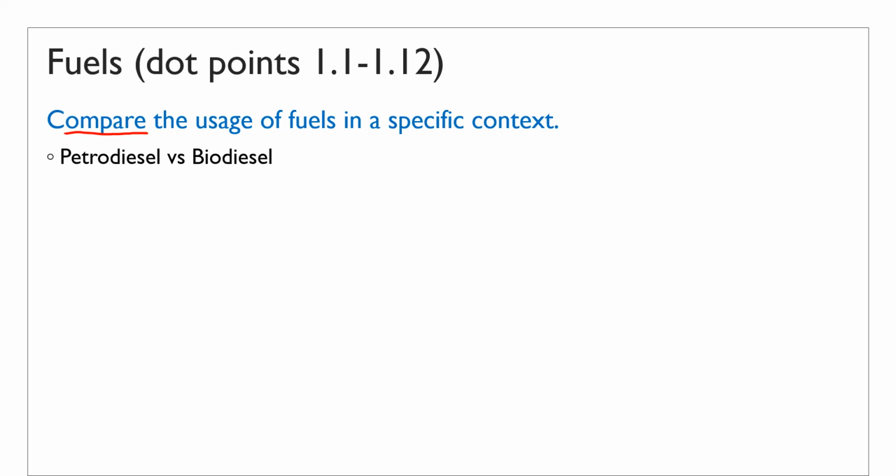So if I talk about biodiesel, like the usage of biodiesel in a context, I am technically comparing it to petrodiesel because you are using biodiesel as a replacement for petrodiesel. If you were talking about biogas, it is generally to replace natural gas or shale gas or coal seam, so the non-renewable version of methane.